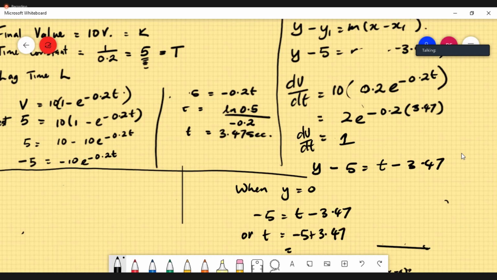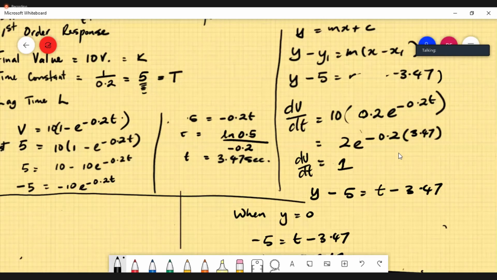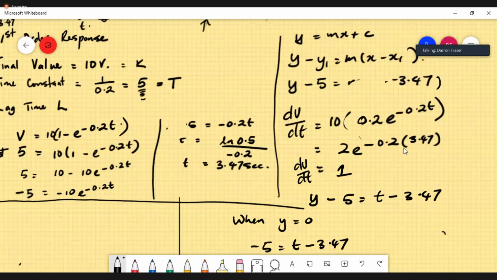Let me see what is the issue. 1. X minus 3.47. Then 0.2 times 3.47.